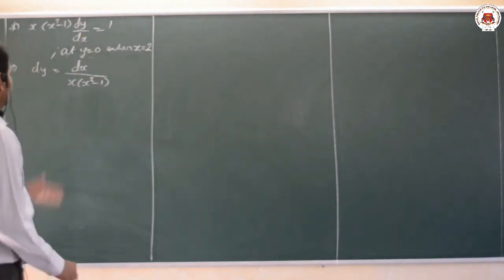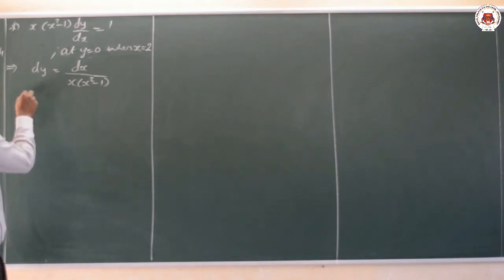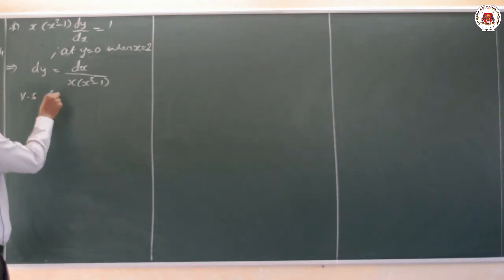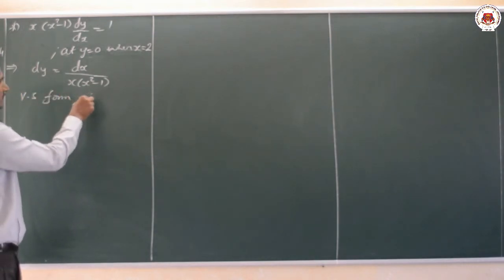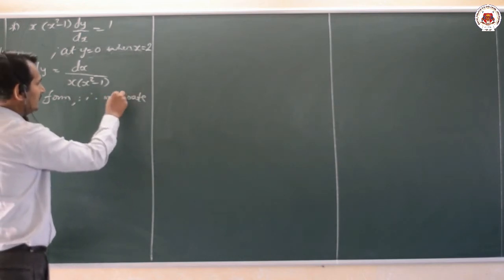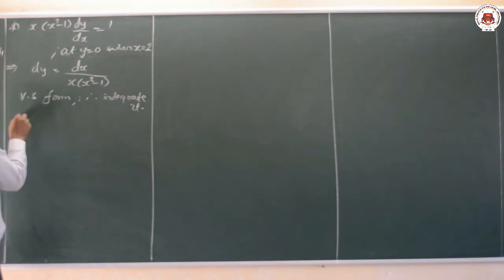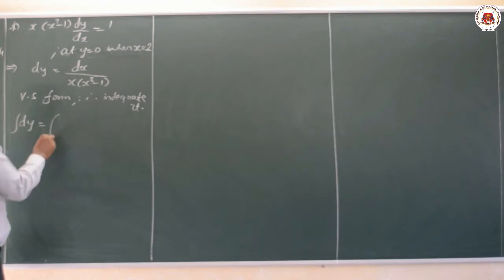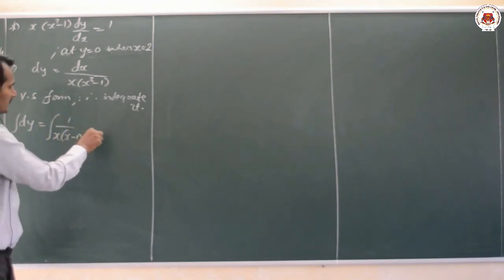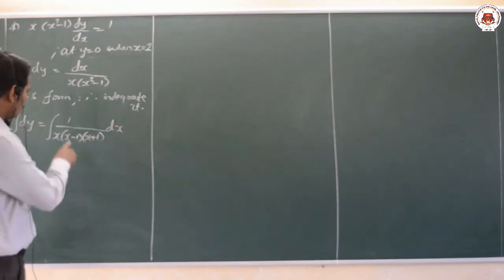Now here I can directly integrate on both sides. Therefore, integration of dy equal to integration of 1 divided by x into (x − 1) into (x + 1), into dx.